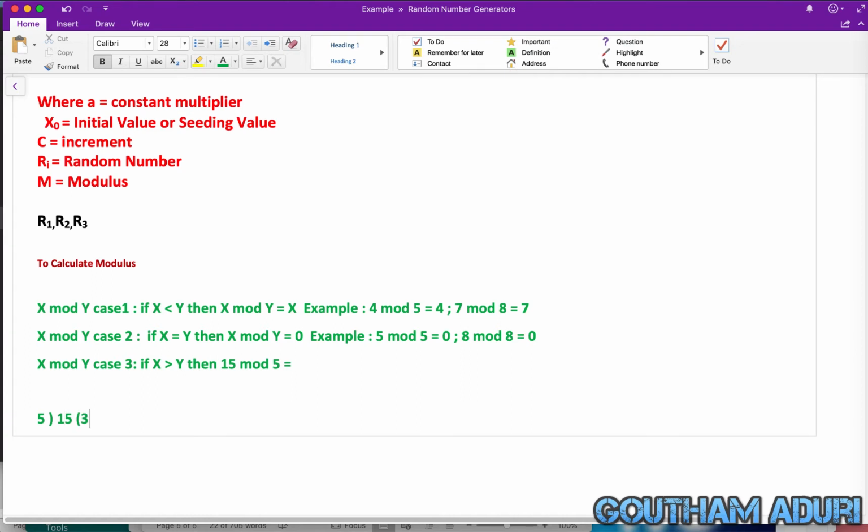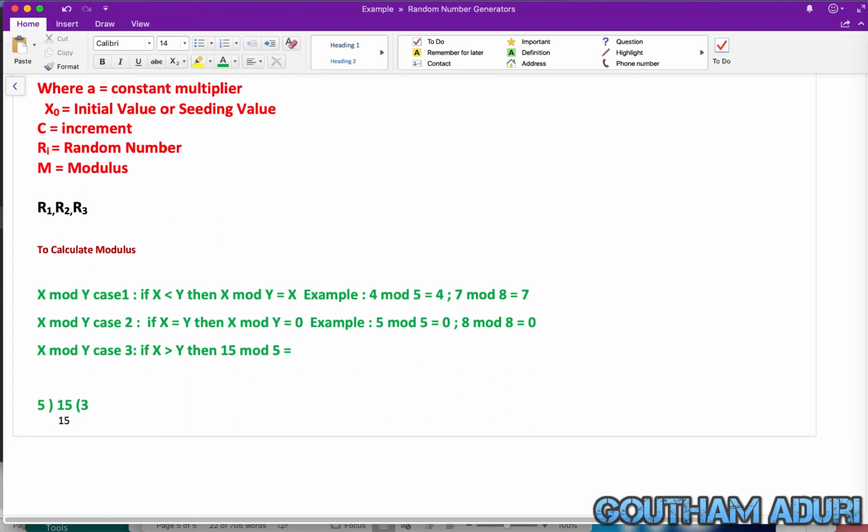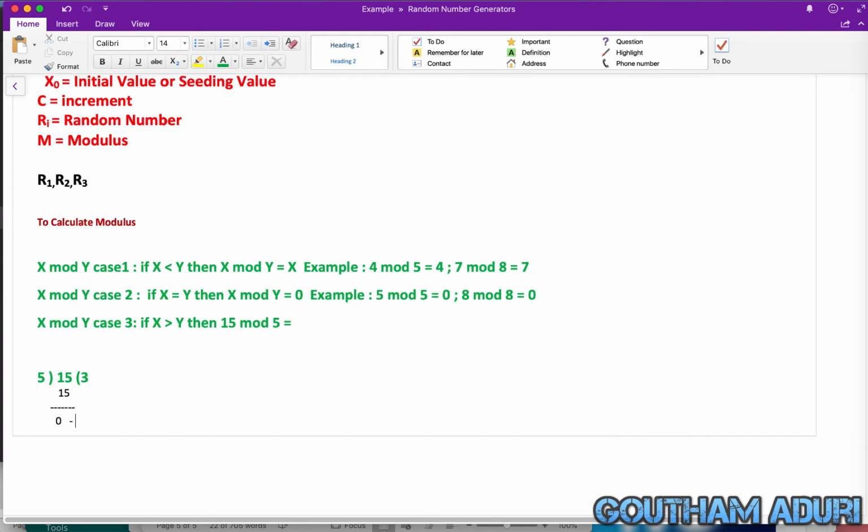5 threes are 15. Whatever remainder I get should be the answer. The modulus is nothing but the remainder value when you divide. So the remainder is 0, 15 minus 15, and this is the answer.